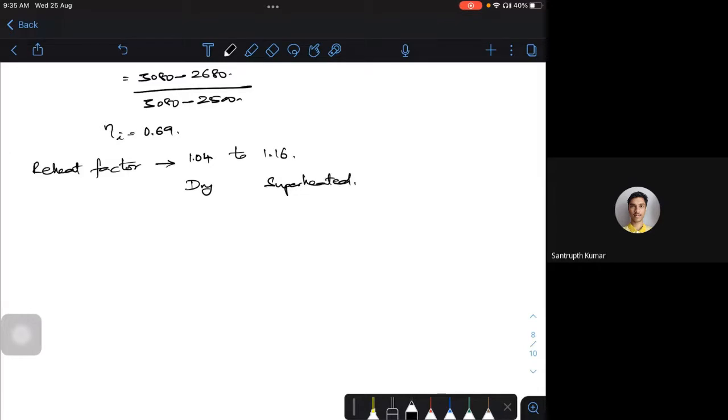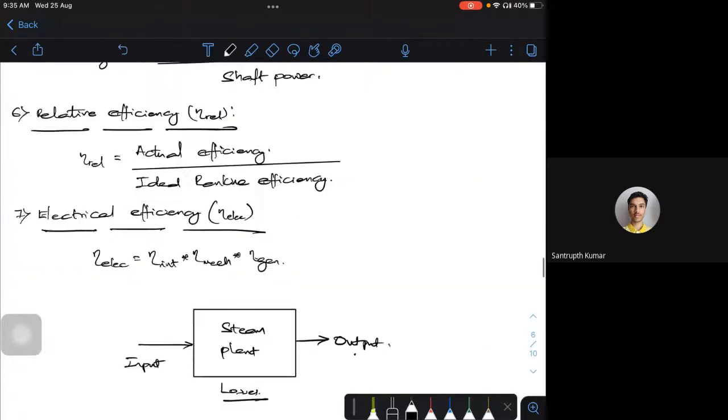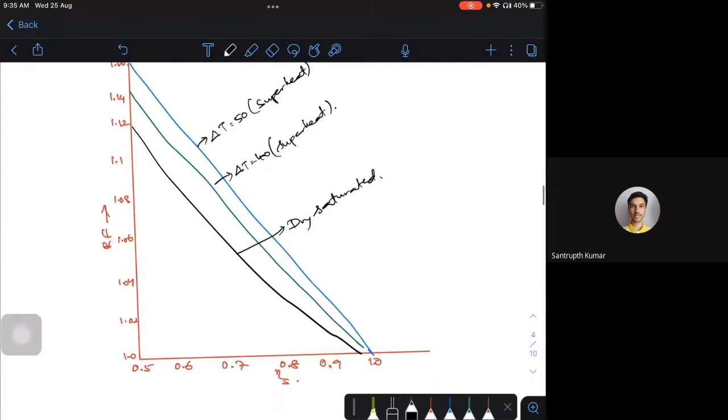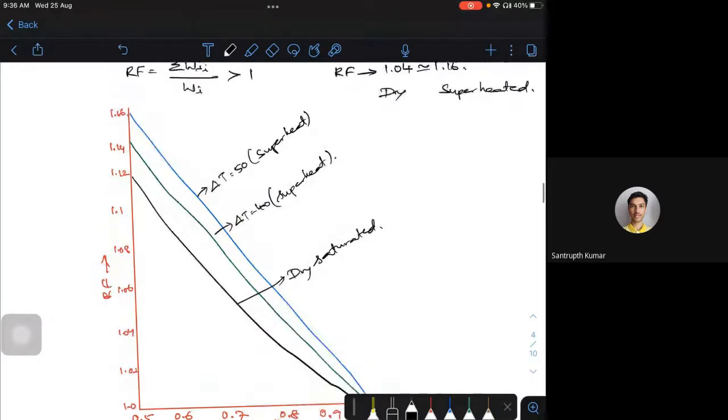Hope you remember that we were drawing some curves where we have the reheat factor on the y-axis and the stage efficiency on the x-axis. Yeah, this is the one. So now it all depends on your degree of superheat. If your degree of superheat is more, the number will be higher. If the degree of superheat is less, the number is slightly lower.